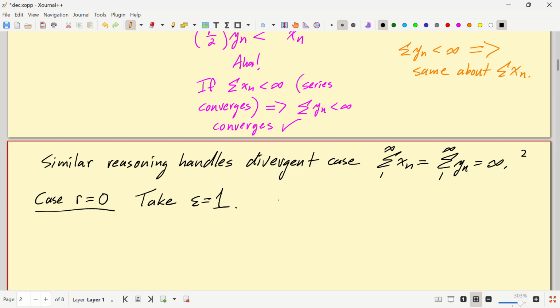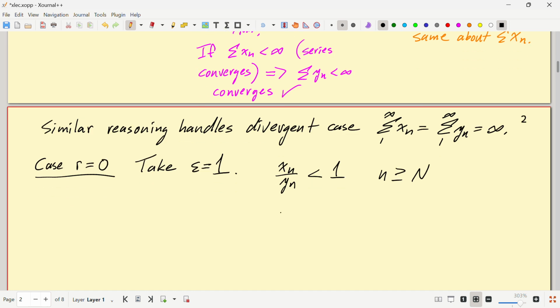And then I would get that xn over yn would be less than 1, for n bigger than or equal to N. And then I would get only one inequality, xn less than yn, for n bigger than or equal to N. And so, of course, if the sum of the yn's converges, then the sum of the xn's converges. And I don't get anything else.